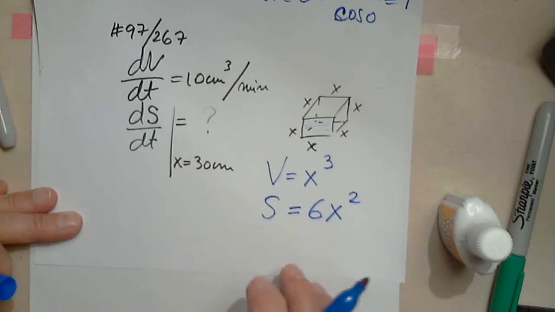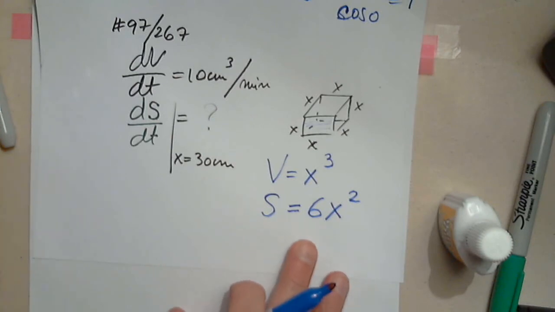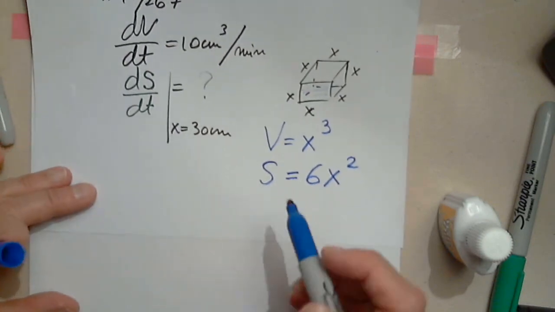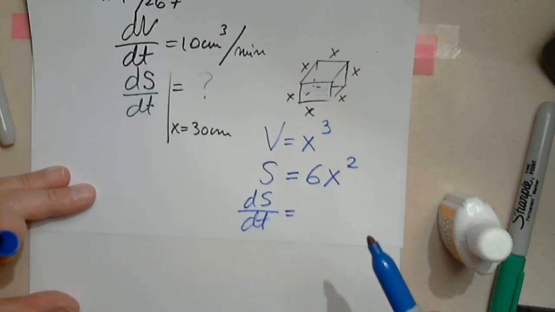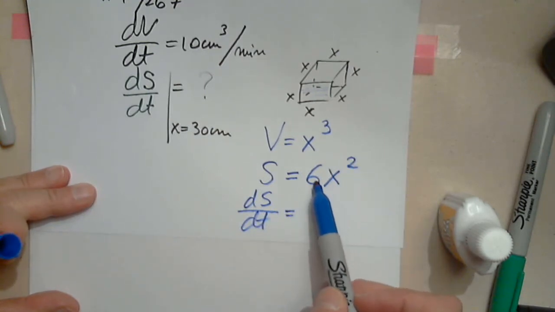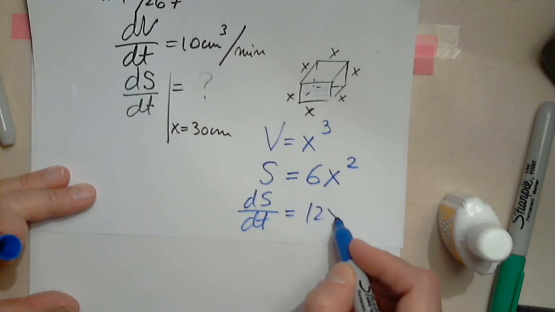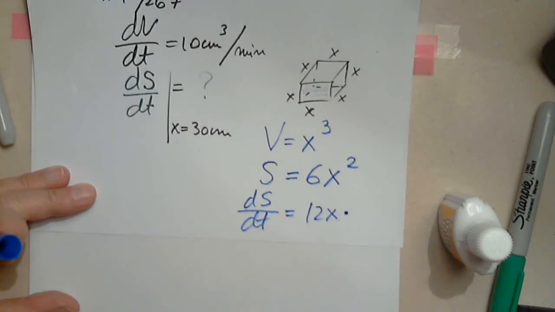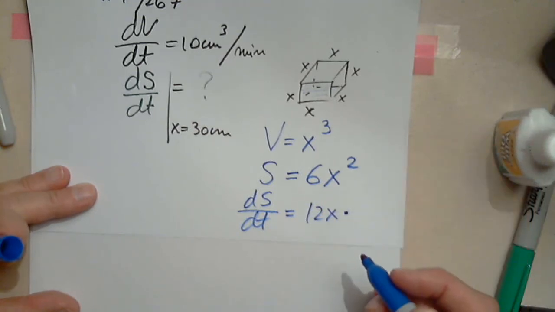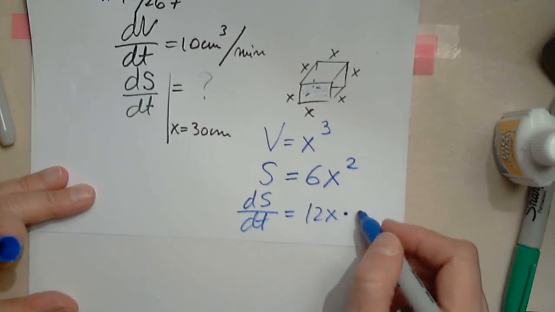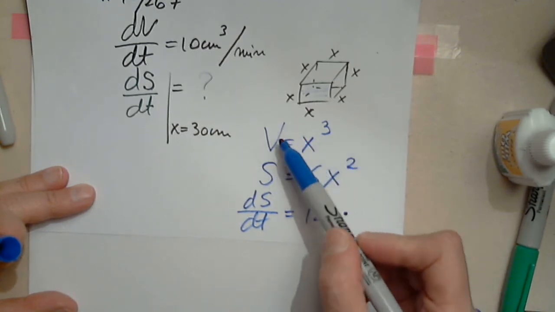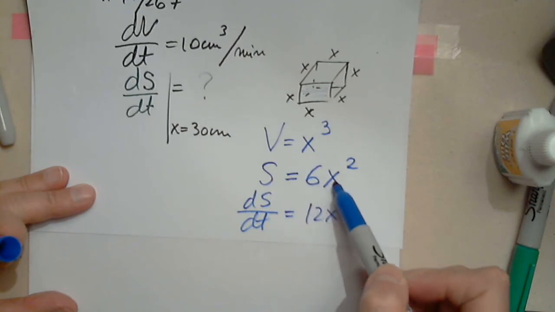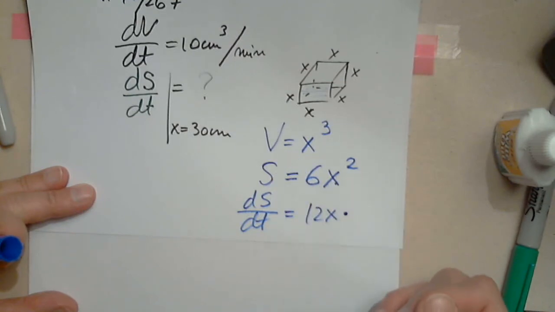So let's start with what we're asked to determine and see what we need. So how much is ds over dt? 12x times dx over dt. One more time: V, S, and x are all functions of time.